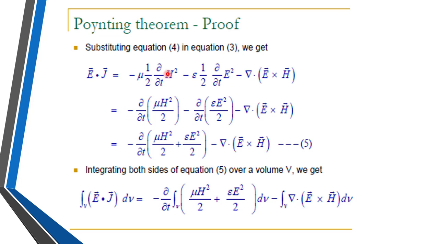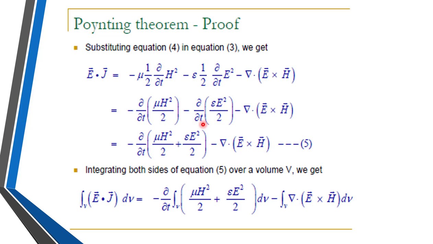Then it is a derivative with respect to t of mu h square. We can take mu inside, keep the minus sign outside: minus dou by dou t of mu into h square by 2. Similarly here we can write minus dou by dou t of epsilon e square by 2, minus del dot e bar cross h bar. Right.